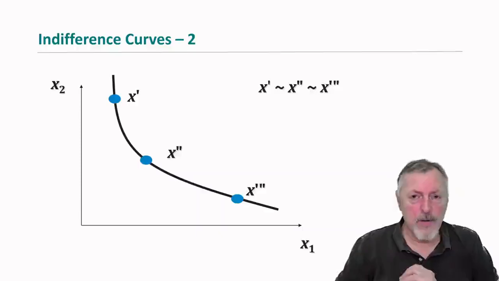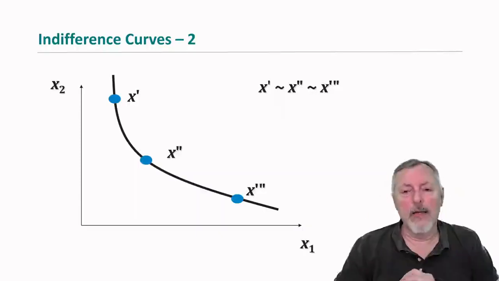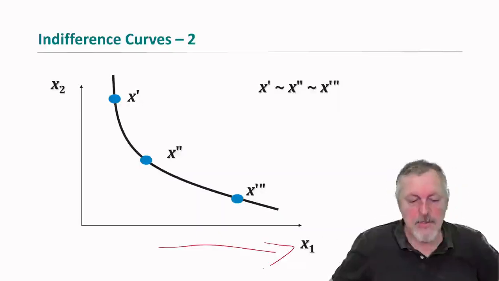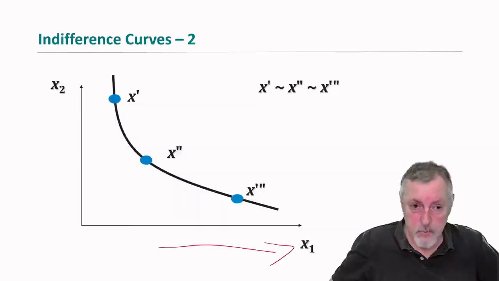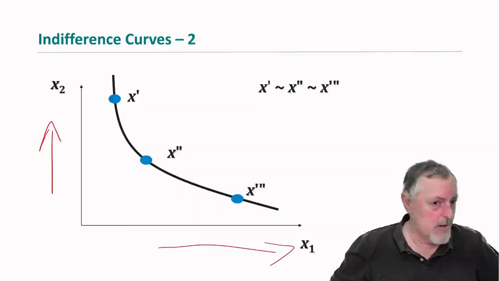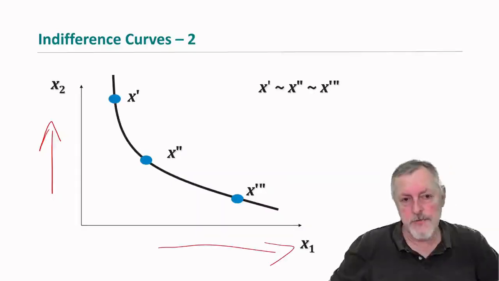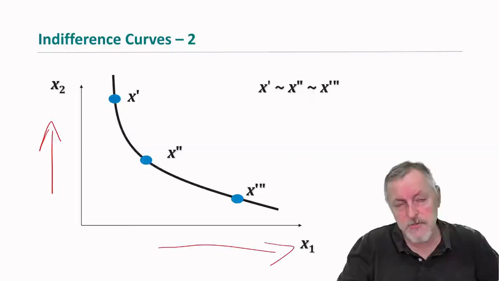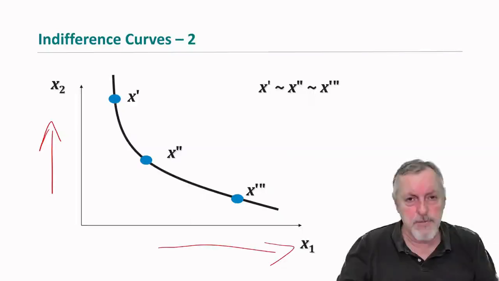Now we're back to the book. This is the traditional way that indifference curves are presented. This axis tells you how many of good 1 you have. This tells you how many of good 2 you have. It's called an indifference curve because it's a plot of all the points that you're indifferent between.